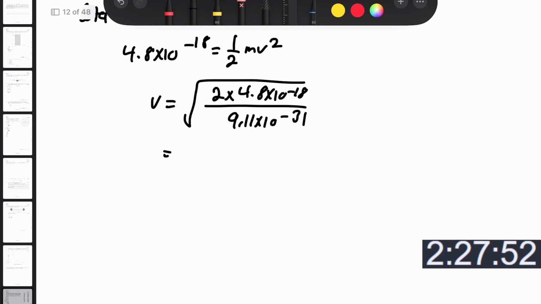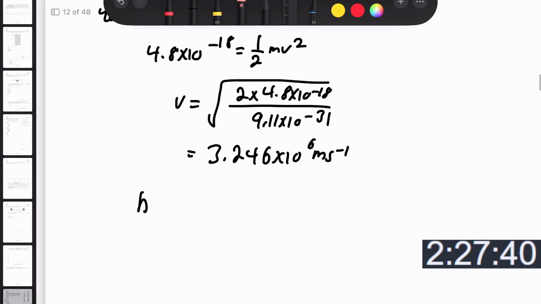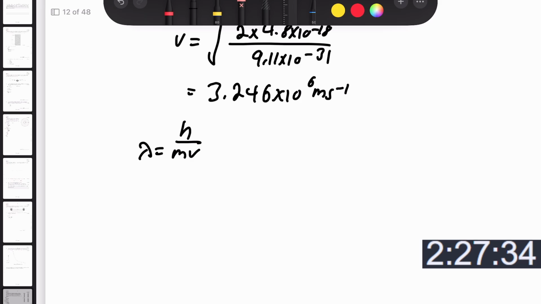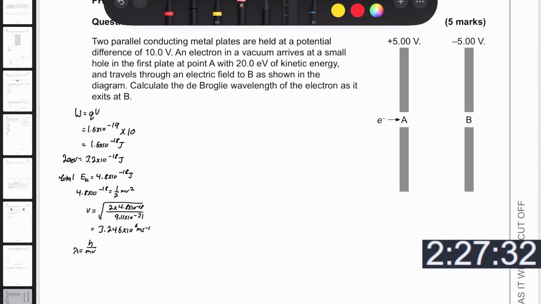Okay, let's do this. So this is 3.246 times 10 to the power of 6 meters per second, and we know that lambda equals h over mv, and that's what I want, right? Yeah, the de Broglie wavelength.